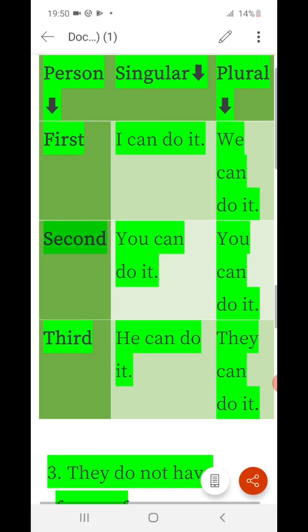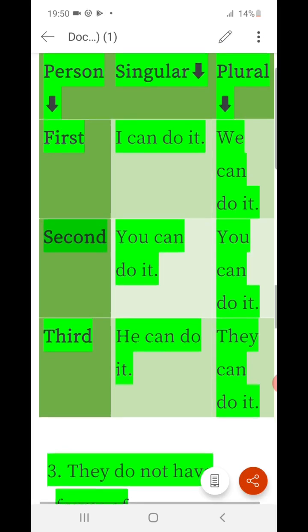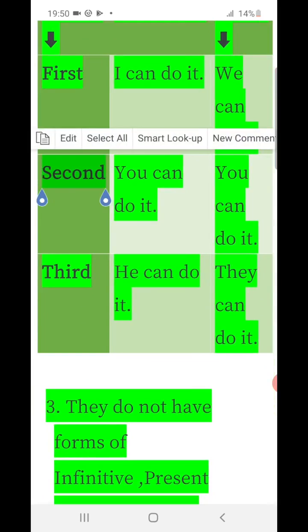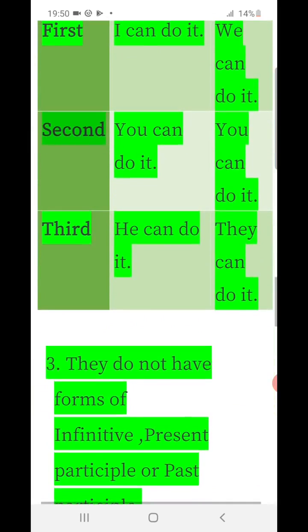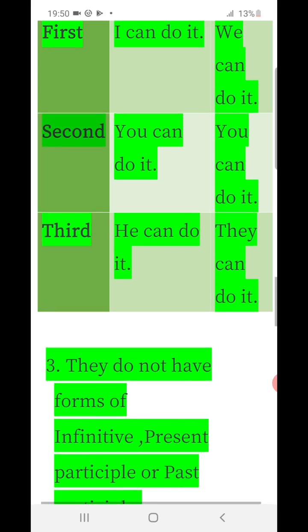So, in both the cases, can is remaining same. It is not changing its form. Next, third person. He can do it. Okay? In place of he, we can also use she or anyone's name. Okay?